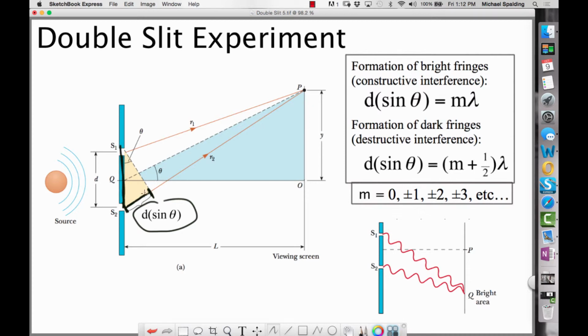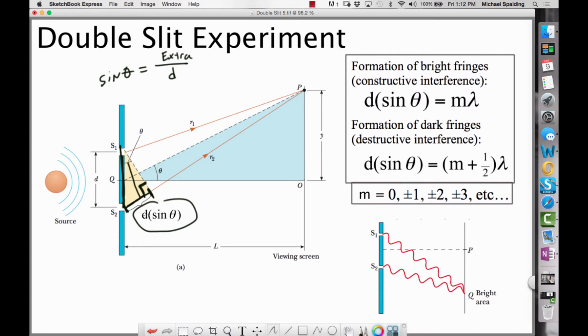This makes a right angle right here, so you just use trig. Sine theta equals opposite over hypotenuse, so the opposite is the extra distance traveled, and the hypotenuse is d. So the extra distance is d sine theta.